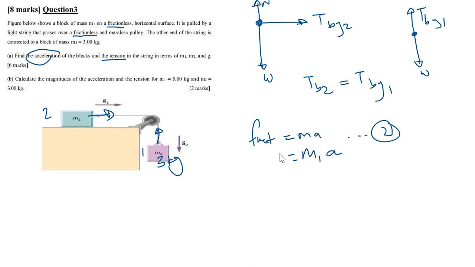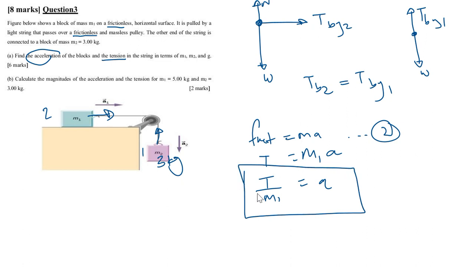What is F net? The only force acting horizontally here is tension. You wanted acceleration. Okay, I could just say T over m1. So I have represented acceleration in terms of m1, m2, and so on.